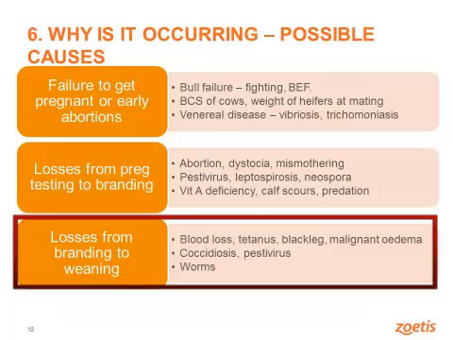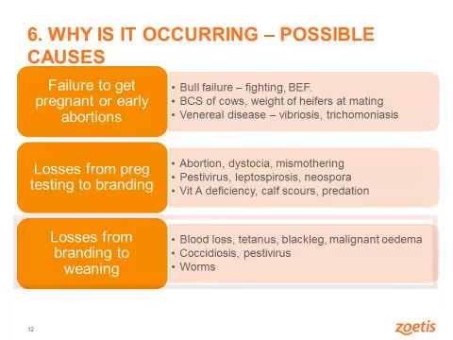Could be due to coccidiosis. In terms of disease agents, could be due to coccidiosis or pestivirus, which are diseases which can occur in calves post-weaning. Particularly in terms of pestivirus, could be due to the death of persistently infected calves. Finally, it could just be simply due to worms, particularly in the higher rainfall areas.